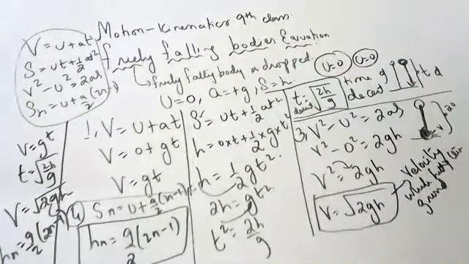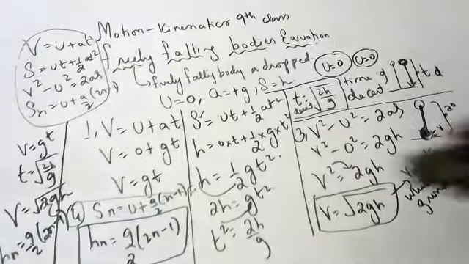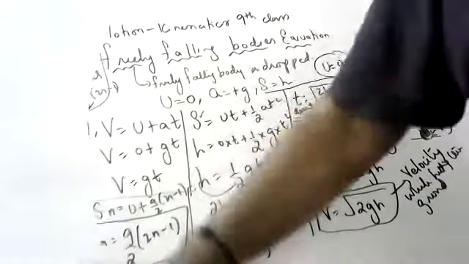Based on this, children, we will do some numericals. 4-5 numericals now, and elaborate numericals we will do later. Okay, so the question will be like this, children.